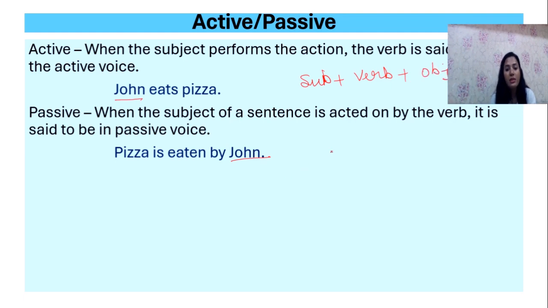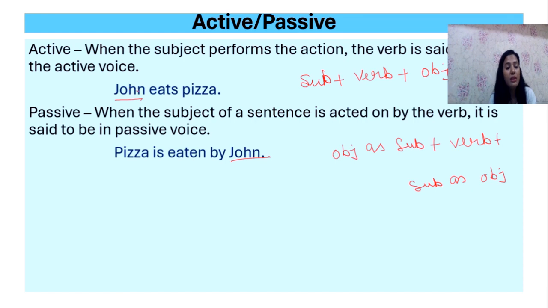And in a passive sentence, we need object as subject plus verb and subject as object, right? In the first sentence, John eats pizza. Who eats pizza? Tell me. John eats pizza, right? Because John is the subject of the sentence.